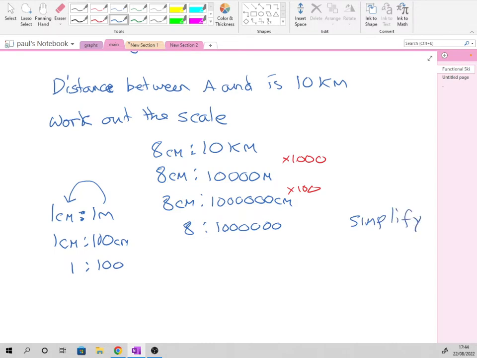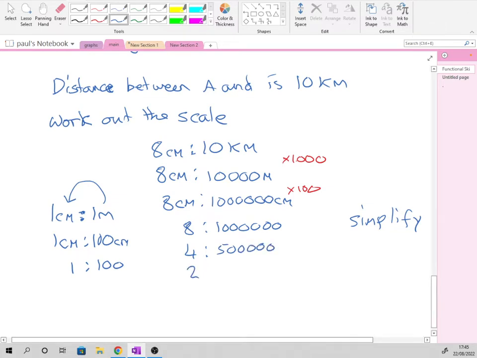That takes us back to the fractions, and because it's a ratio, it means that for every 8 on the map, there are 1,000,000 in the real world. So maybe I can halve this. 4, if that was 1,000,000, that would be 500,000.